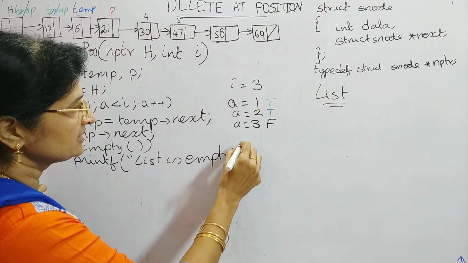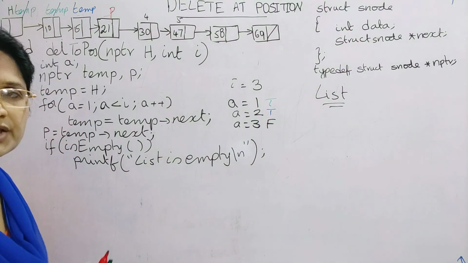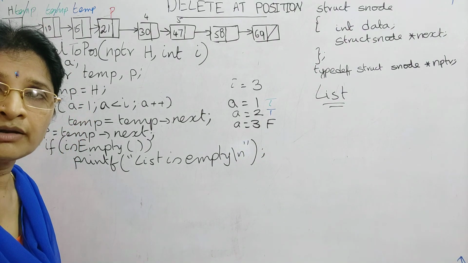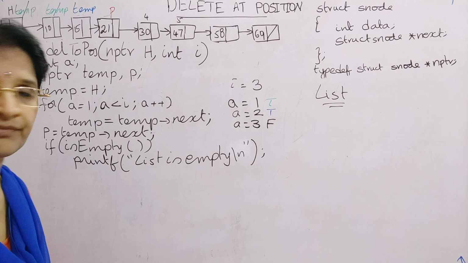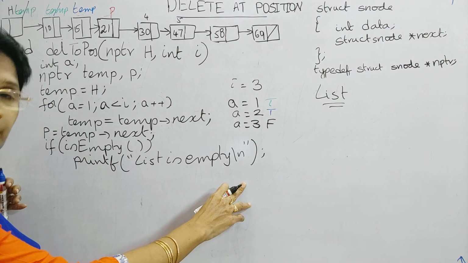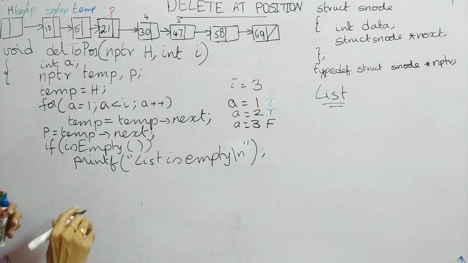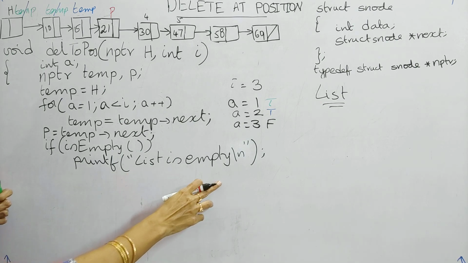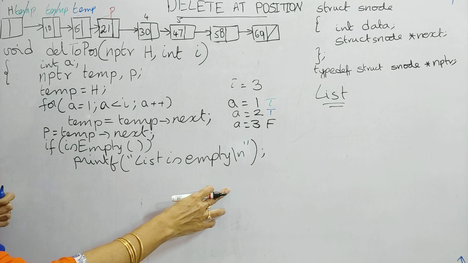These messages are for communication to the user about what has been done in the function. So next, here the message has been printed. Suppose the list is empty, then it will just print list is empty.